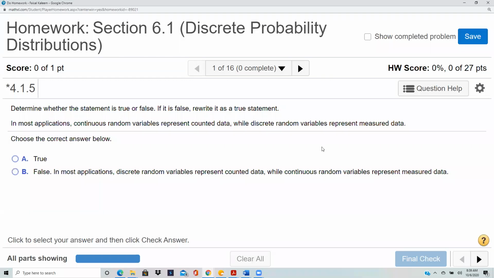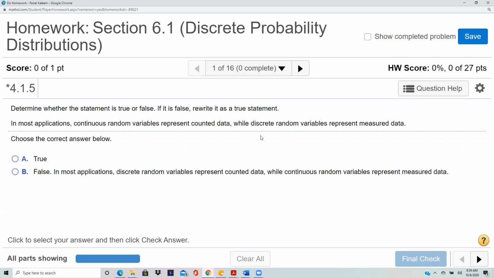Okay, chapter 6 starts with a review of some of the things we already know. So this question is about discrete and continuous, which we did study early on. So in most applications, continuous random variables represent counted data, while discrete random variables represent measured data.